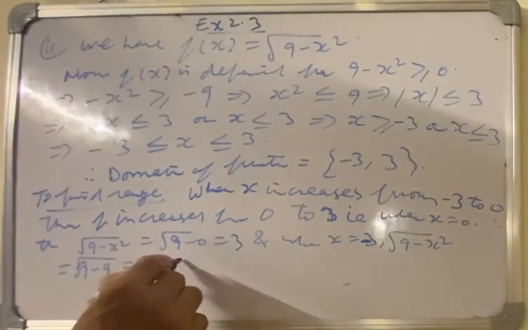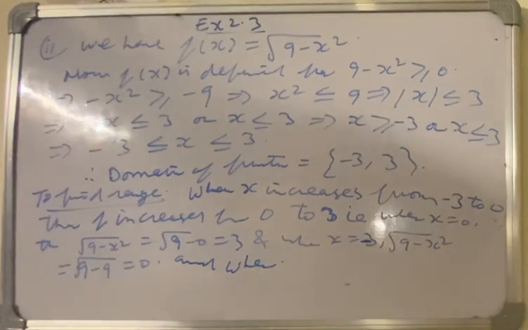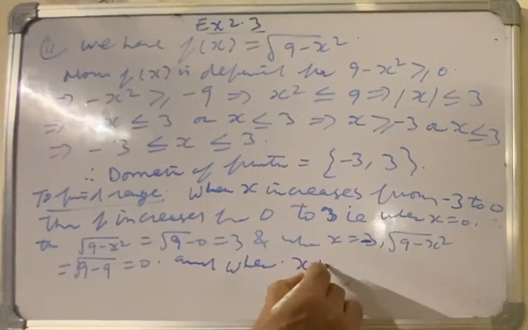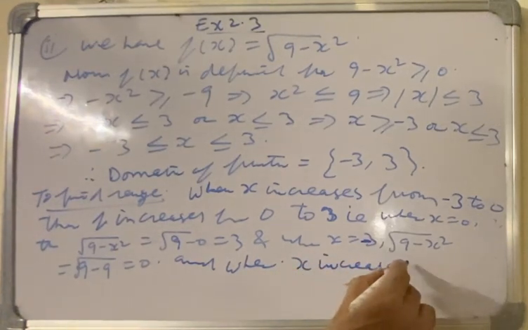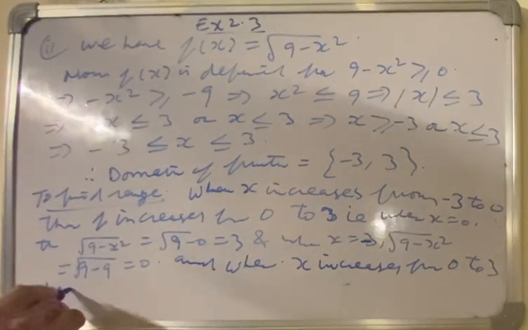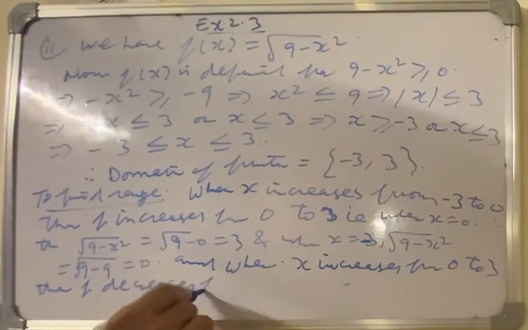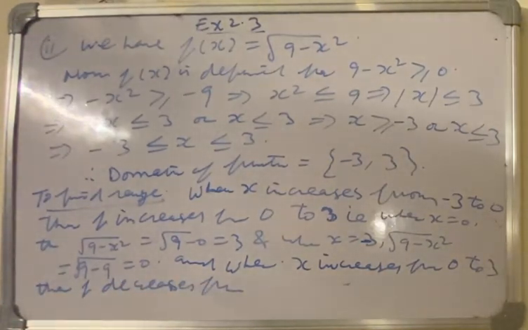Now, when x increases from 0 to 3, then f decreases from 3 to 0.